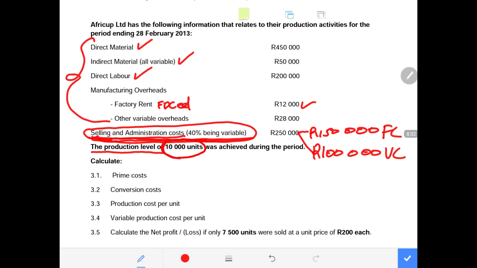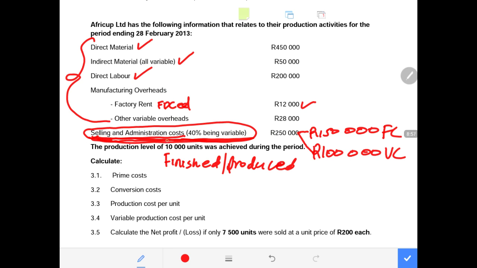This is very important. We'll be using this 10,000 units very much. The production level of 10,000 units was achieved during the period, meaning we finished or we produced a total of 10,000 units.